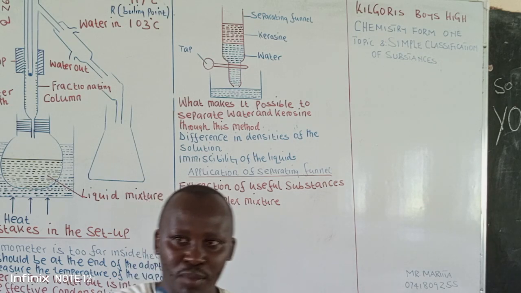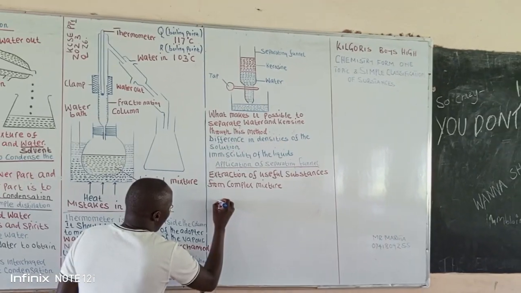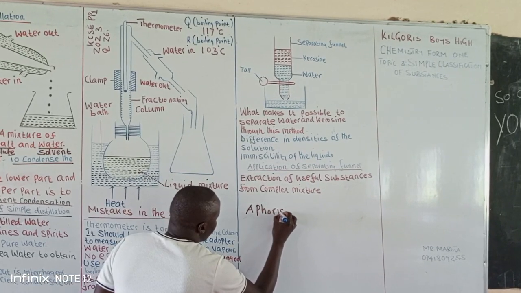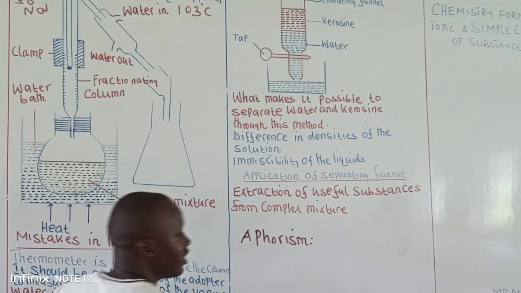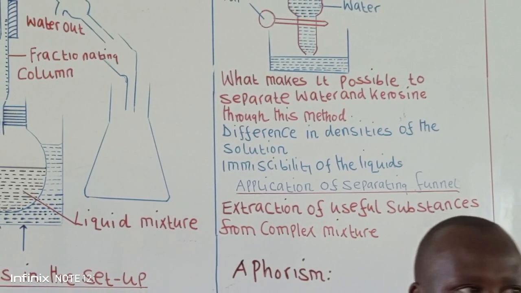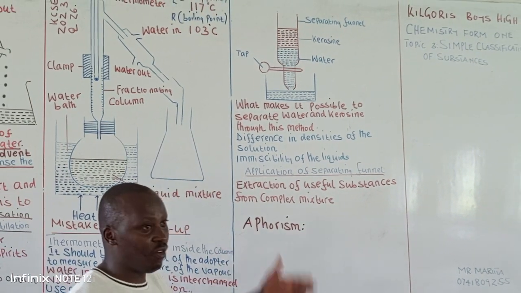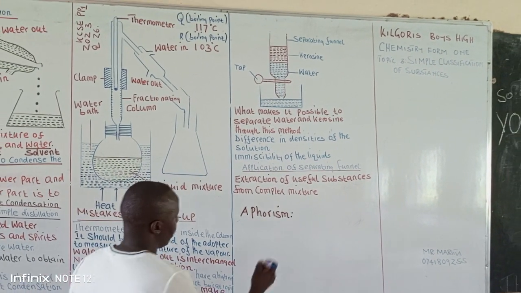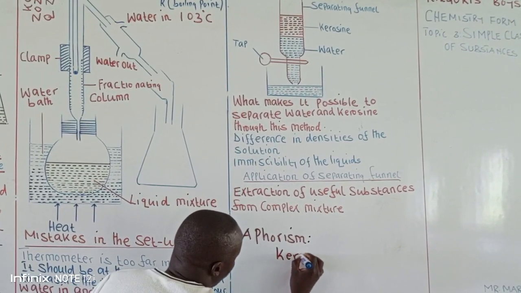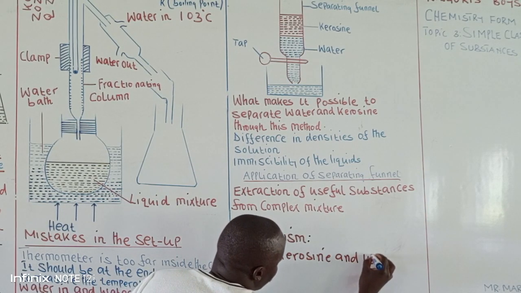So there is a term normally given, we call it immiscibility. Immiscible liquids are a group of compounds or mixtures which normally make two layers. So if you are required to give examples, one example is kerosene and water.